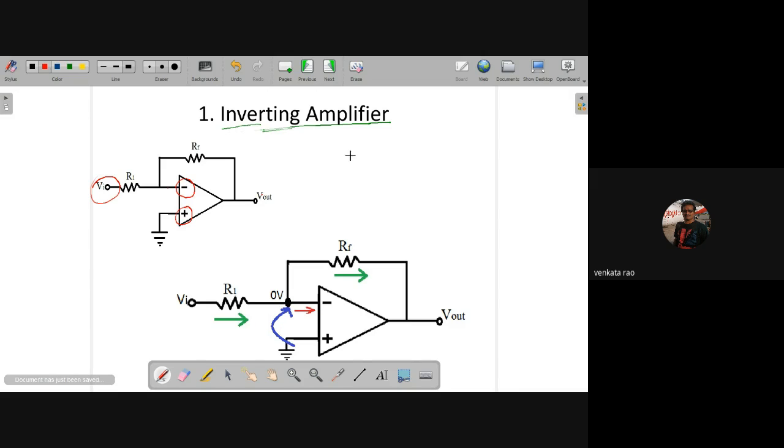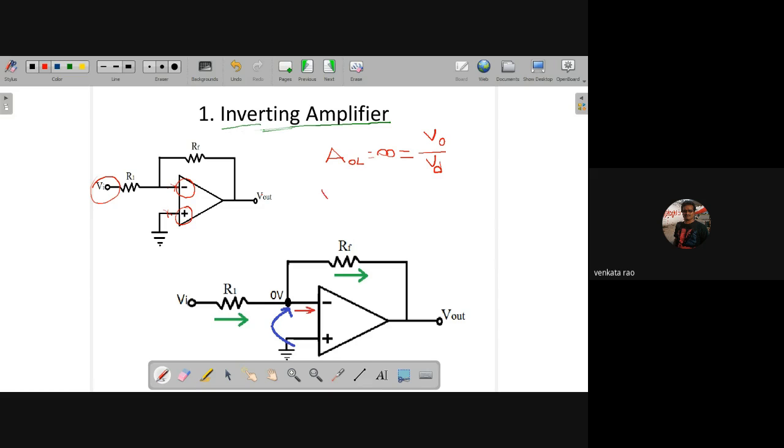For an ideal op amp, the open loop voltage gain AOL is equal to infinity. And we write the equation for AOL as output voltage by differential input voltage. Differential input voltage means, let us take the voltage at this point as V1 and the voltage at this point as V2.